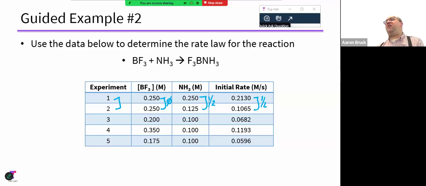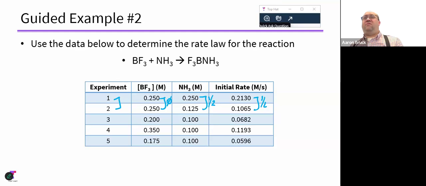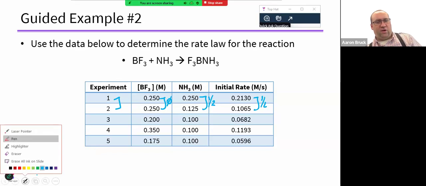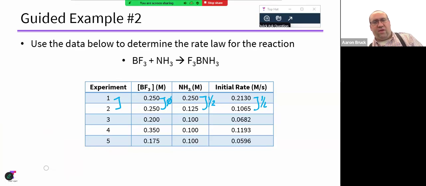We cut its concentration in half, the rate decreased by half. First order. The impact is identical. What I did to the concentration happened to the rate. That's the definition of first order. So we know that ammonia is first order.